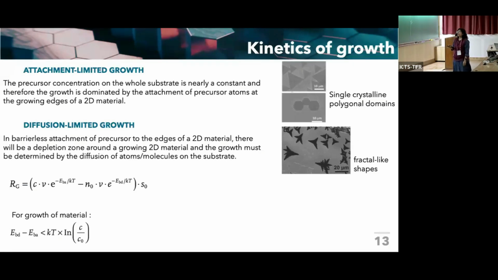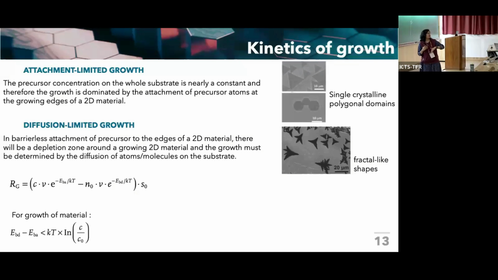So this is basically how you can define the rate of growth of these edges. In this equation, the main important parameters are nu, the attachment or desorption factor, and EBA and EBD, the binding energies for the attachment or detachment of the precursors, because both processes are possible.